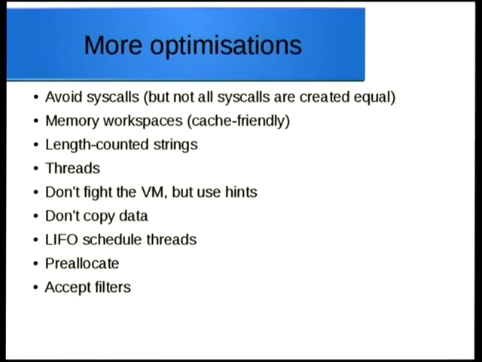We don't fight the VM. The kernel is pretty good at managing the page cache and stuff. And anything that we do there will basically only be suggestions. The kernel is going to do whatever the kernel is going to do. And we can tell it that we are going to need this information soon.